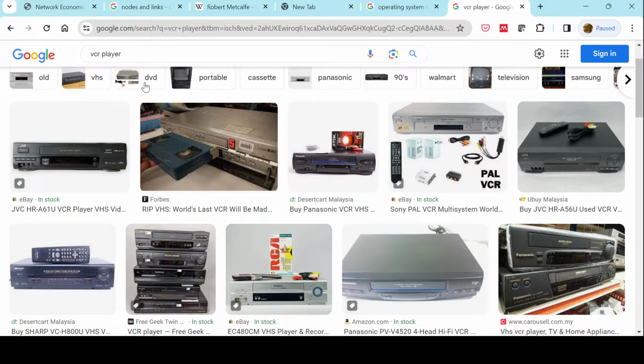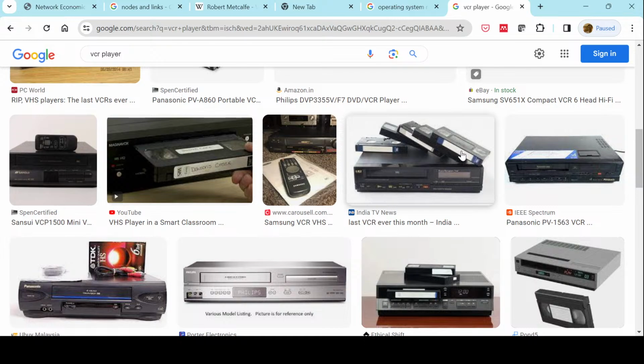So in the VCR player, you see the player and the tape goes inside. This is the tape. So we go to the store just now. Remember, I showed you the store to rent this thing, to watch any movie. Jurassic Park at the time was a famous movie. This is the tape.